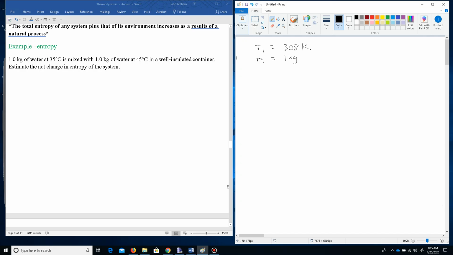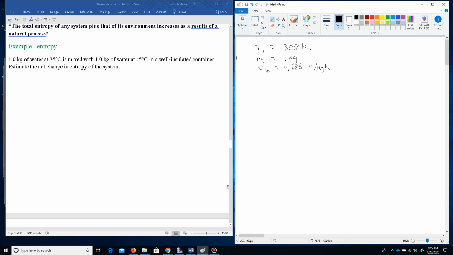And just so we have it, specific heat of water is 4,186 joules per kilogram Kelvin. Alright, so that's the first line. Not even the first line, first few words.